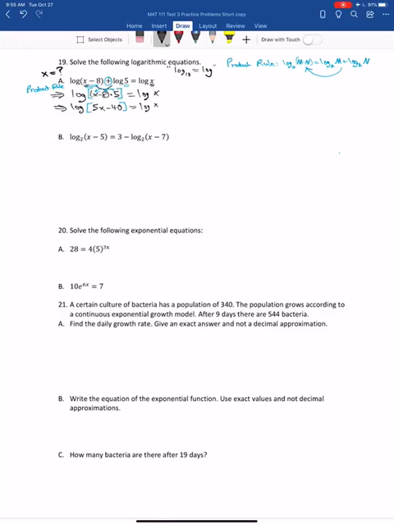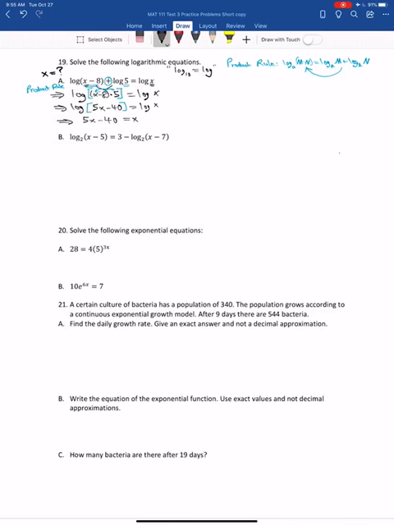Now, as we're looking at this equation, we're trying to find x. That's our unknown. Well, x is in two logarithms. We've got two terms here, one on the left side, one on the right side, and they're both log base 10 logarithms. Since we have a log base 10 on both sides, we know what we're taking the log of, so we can set them equal. So 5x minus 40 is going to equal x.